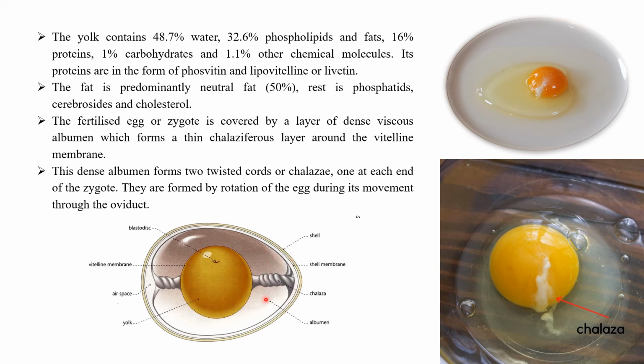These structures are called chalazae, and this twisting takes place during the movement of the ovum in the oviduct. So there will be some rotations which lead to the twisting of the chalazae in the yolky mass.